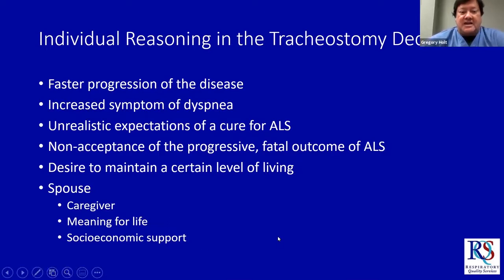So the individual reasoning to get a tracheostomy is if the disease is progressing really fast, because when you're a caregiver, when you're in healthcare and a provider, we say somebody is rapidly progressing or slowly progressing with ALS, and it's not all the same. And that's why there's some thinking out there in the research world that it's not the same disease with every single patient.